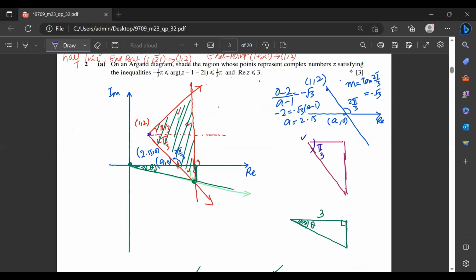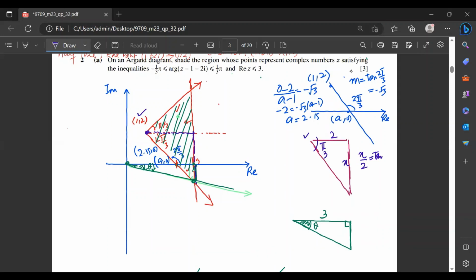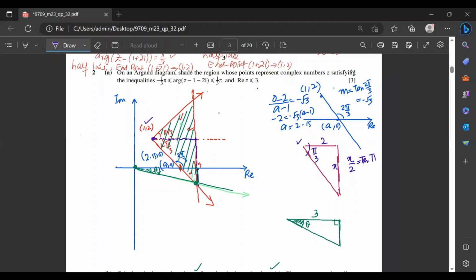From 1 to 3, this is 2, and this is the question. Say if this is x, then x over 2 equals tan of pi over 3. So x equals 2 tan pi over 3.